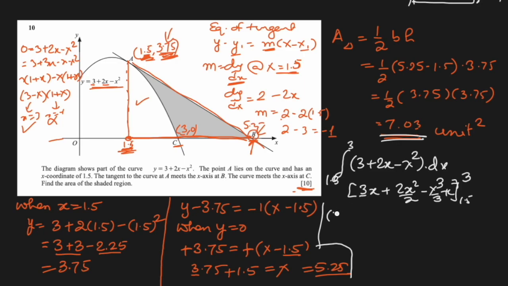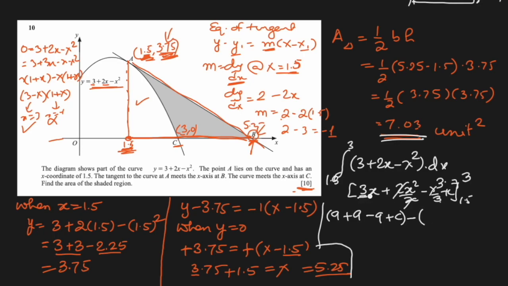3 times 3, 9. 2 and 2 cancel. Plus 3 squared is 9, minus 3 cubed is 27, 27 divided by 3 is 9, plus c.